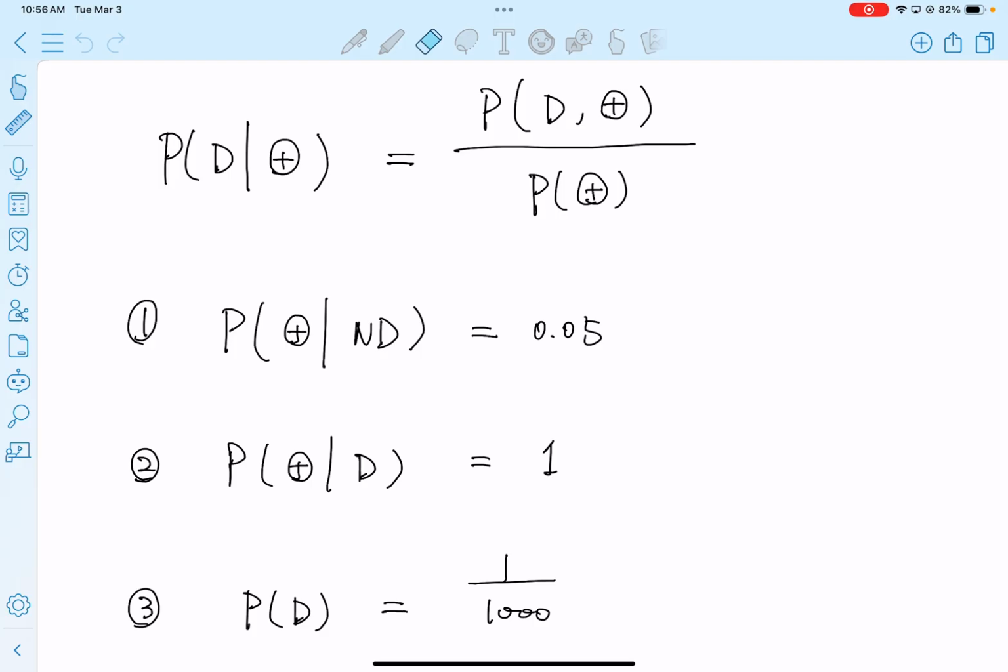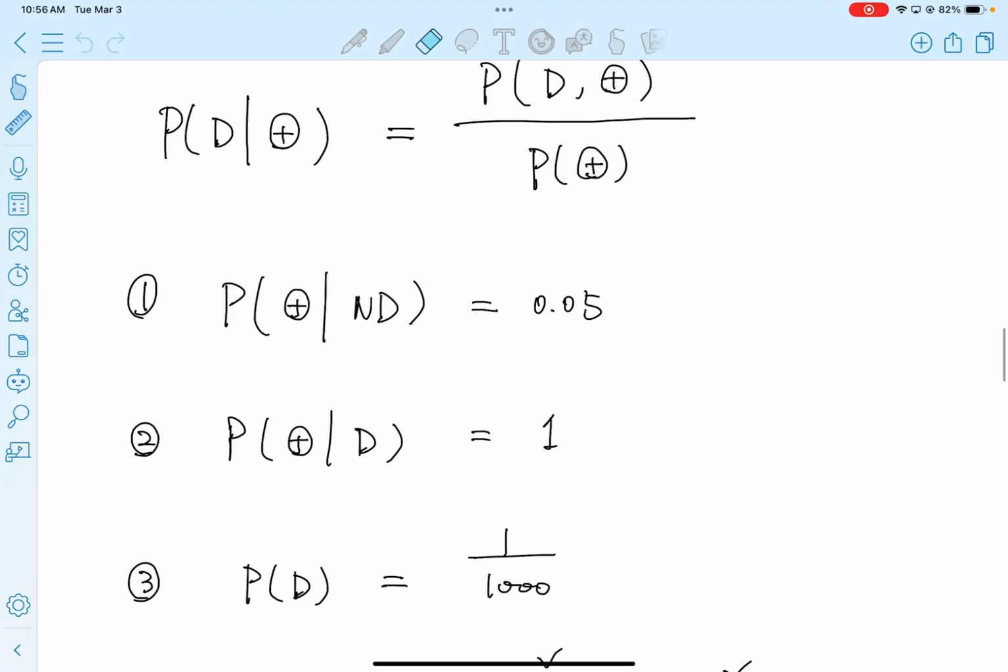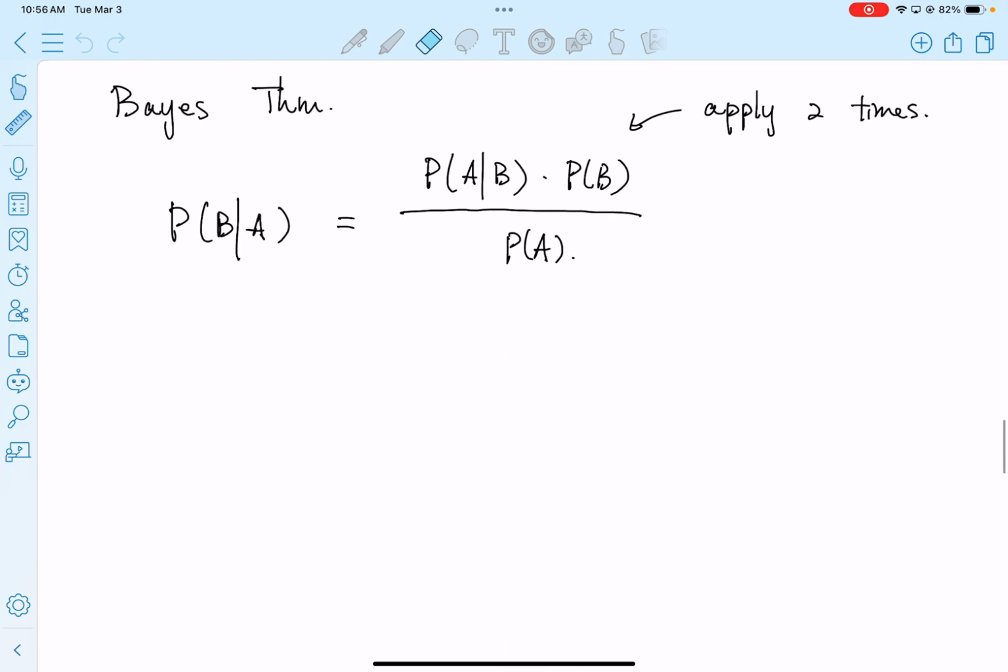The mathematical answer is that you need to scale by the probability here to make everything sum up to 1. This is saying the probability of A given B plus the probability of not A given B needs to sum up to 1.